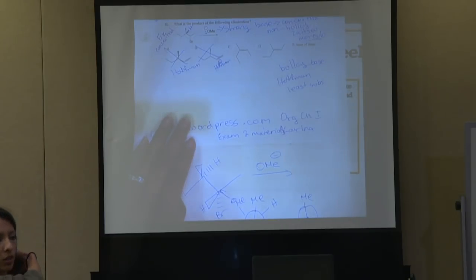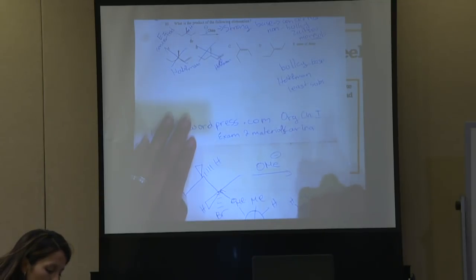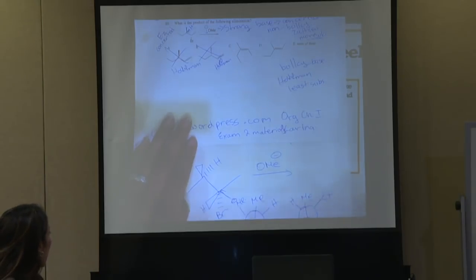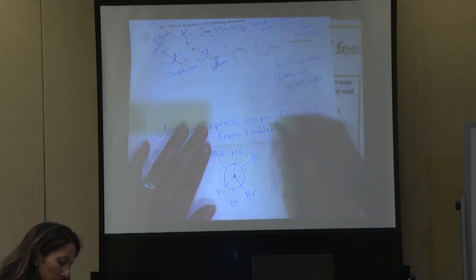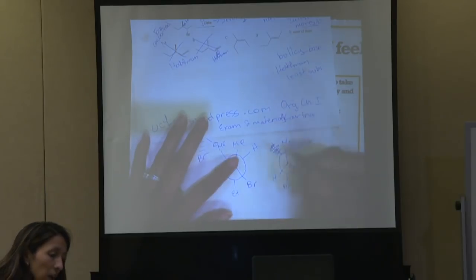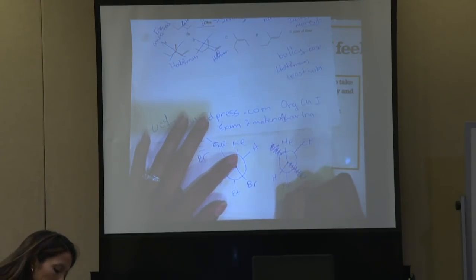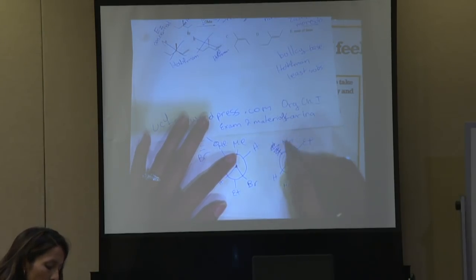Do you want to rotate it clockwise or counterclockwise? So we have H, ethyl, and methyl. Now they are anti to each other, right? So now I can eliminate. We get rid of this, we get rid of that. Now I just have to draw what double bond I have. My front carbon is double bonded to my back carbon. What's coming up to the top of the double bond? Methyl.